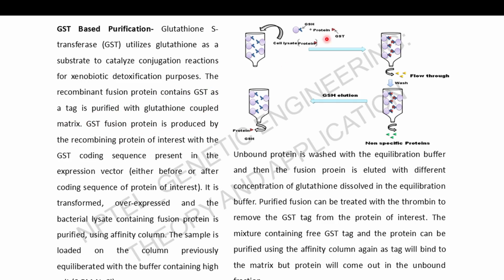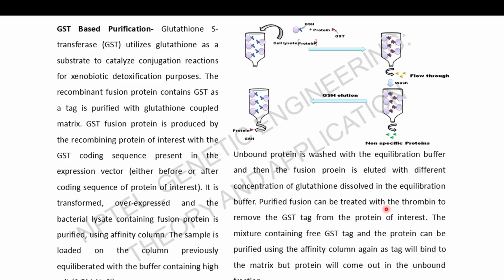GST fusion protein is produced, this protein and this red triangle, by recombining the protein of interest with the GST coding sequence, and then the sample is loaded onto the column previously equilibrated with the buffer containing high salt. Now, unbound protein is washed, as you have seen in other chromatographic techniques as well, with the equilibration buffer, and then this fusion protein is eluted with a different concentration of glutathione dissolved in the equilibration buffer.